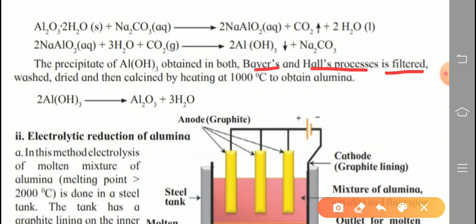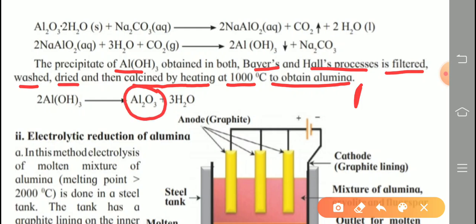It is filtered, washed, dried, and then calcined by heating at 1000 degrees Celsius to obtain alumina. Alumina means aluminium oxide, Al2O3, given here. Al2O3 is called alumina. The reaction is given here. Okay then.